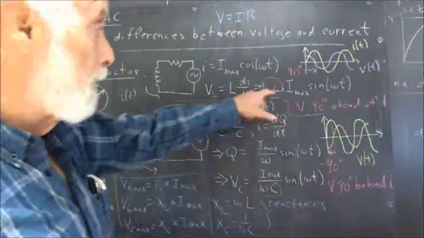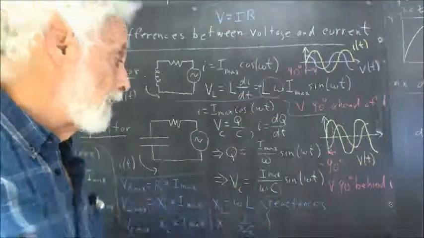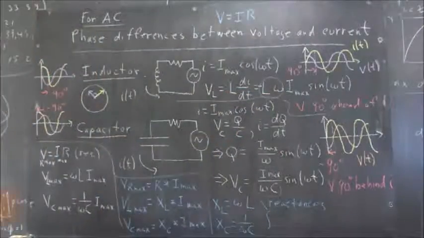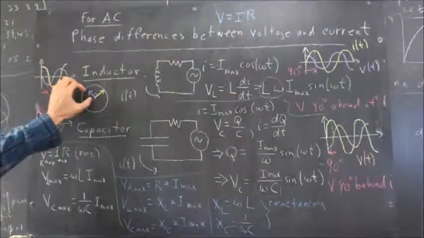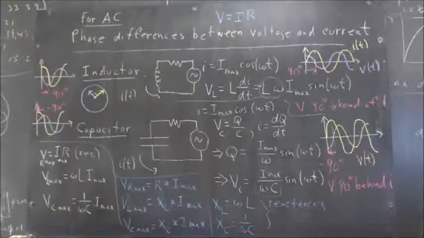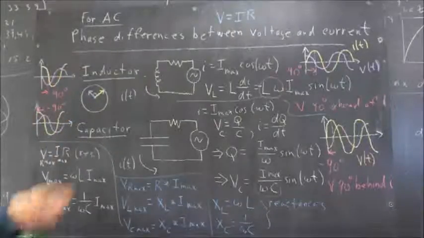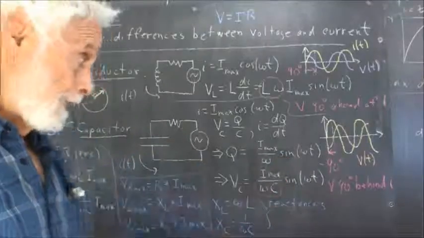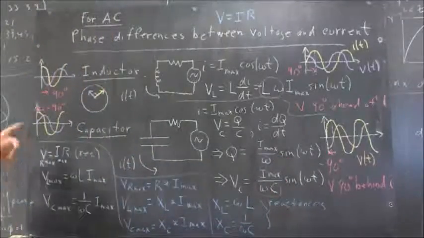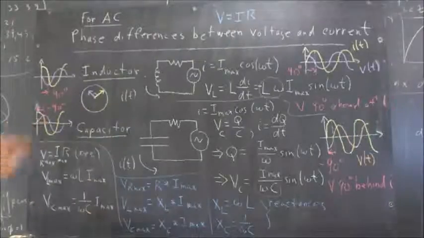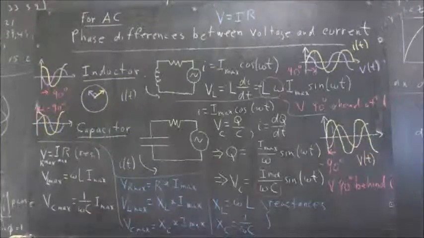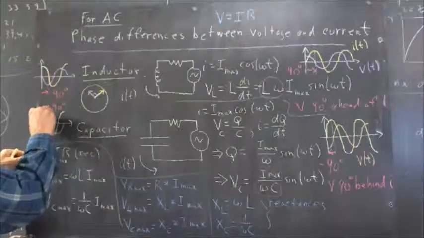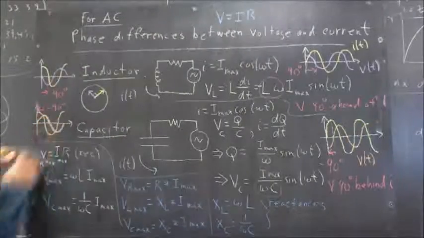Now we see we've got this L omega here and this 1 over omega C here. L omega times I max is the magnitude of the voltage of the inductor. The capacitor has a voltage that's out of phase with the inductor, but we have a positive sign here. If the capacitor voltage is this purple voltage here, I usually tend to use a different color, so let's go to orange.